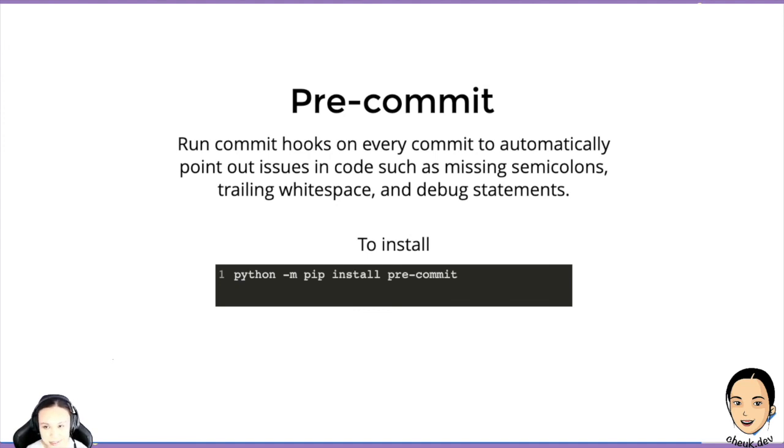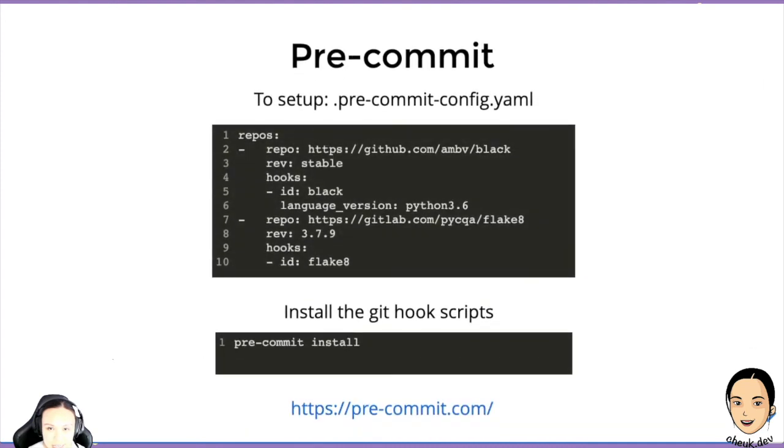Okay, so to set it up using Python is very easy because you can use pre-commit. So again, install is very straightforward. Just pip install pre-commit, and you have to set up a .pre-commit-config.yaml file here. So just like all the other projects, you set up a file that stores all the configurations.